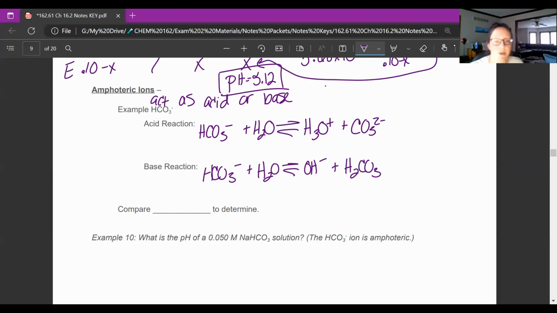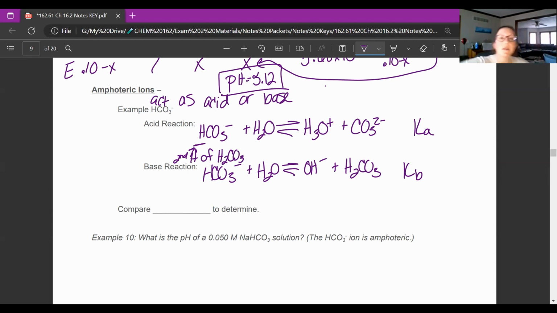So which one of these things happens? Okay. First of all, you can actually look up the first one, the Ka. This second one is going to be a Kb, right? Because that first one should look familiar to you. Taking off a hydrogen, the second hydrogen from a polyprotic acid, that would be Ka2 of H2CO3.